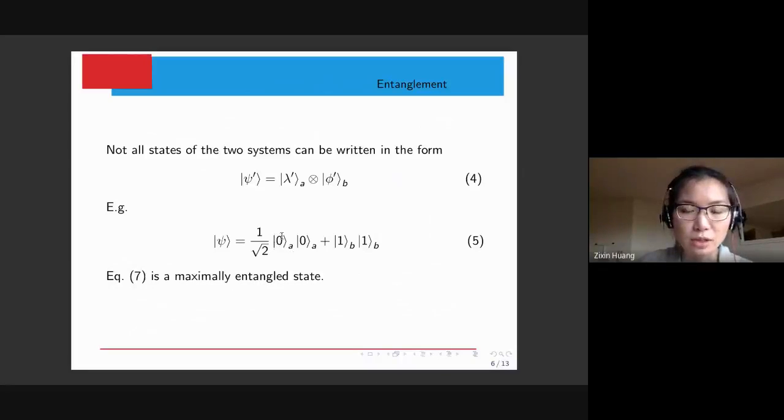If we have |0,0⟩ + |1,1⟩, then you can try all you want, but the state in equation 5 cannot be written in the form of equation 4. And equation 5 there is actually what we call a maximally entangled state.